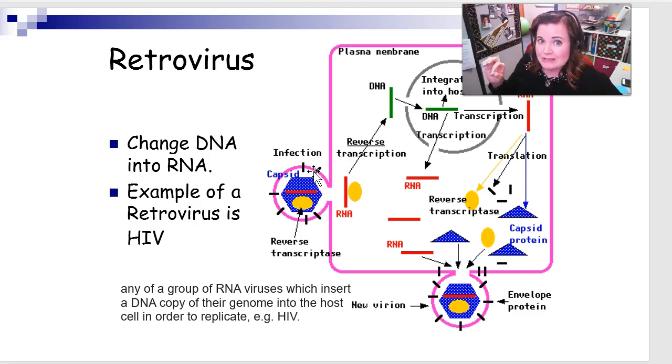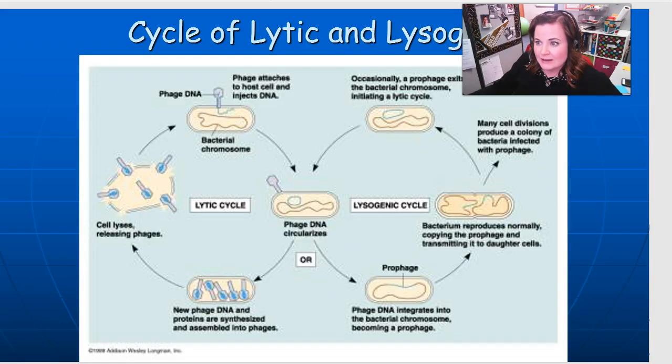So retroviruses tend to mutate a lot more than other viruses do, which is why they're really hard to treat. Examples of retroviruses would be HIV, a retrovirus that uses the lysogenic cycle, just lays dormant for quite some time before you become infected with AIDS.